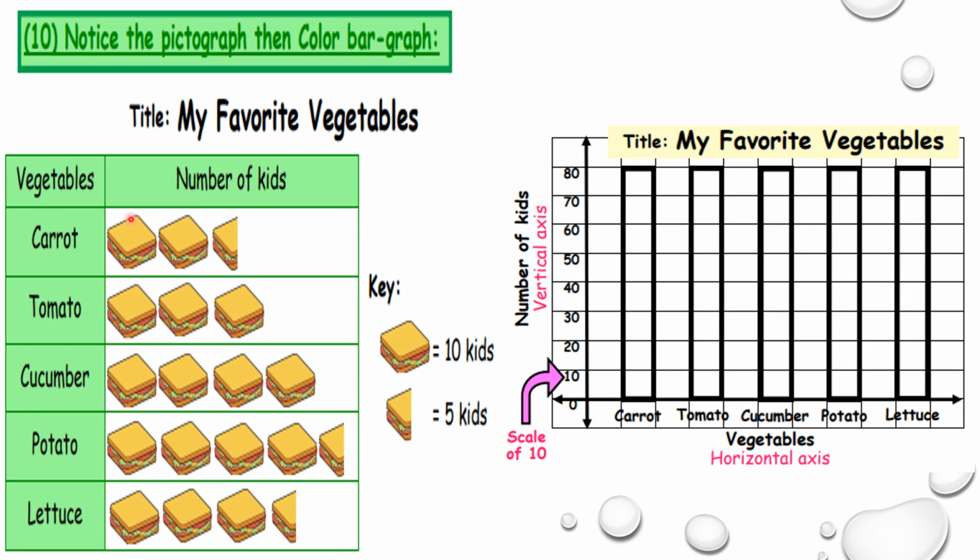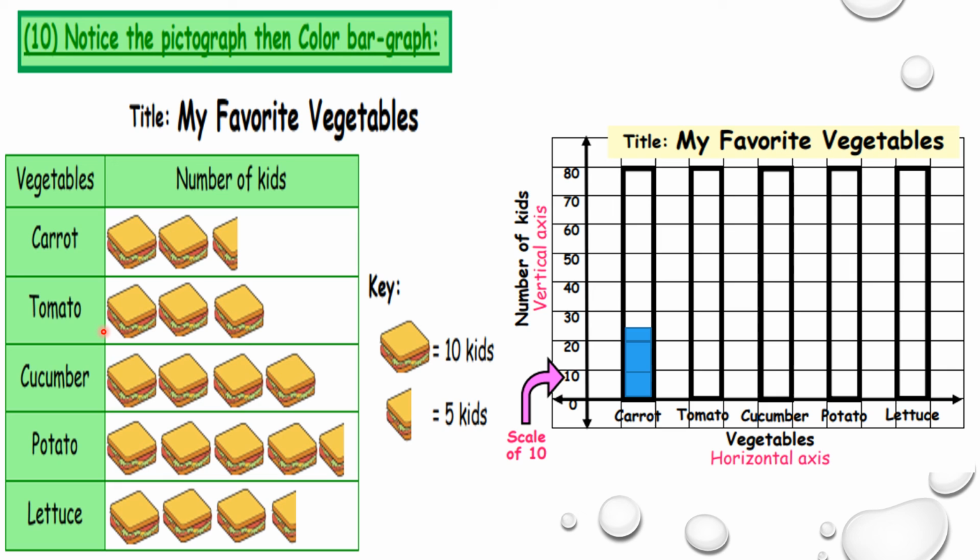So it's 10, 20, and here it's 30. No, it's a half sandwich, so it's 25. So I will color to reach number 25, but I don't have number 25, but I know that 25 is between 20 and 30, so I will color half of the bar.